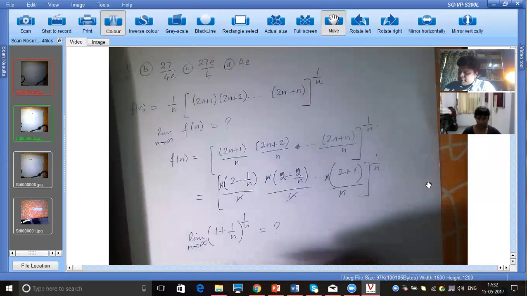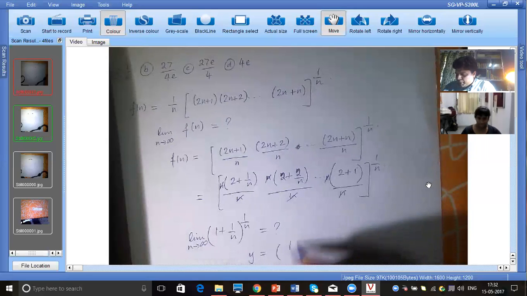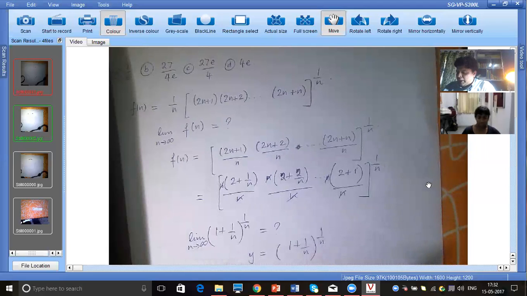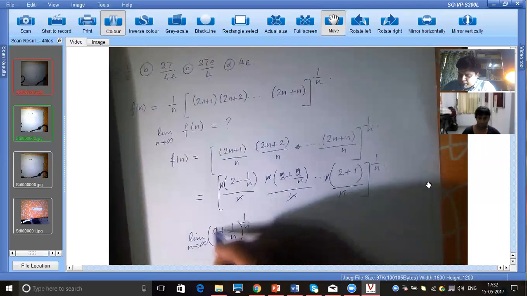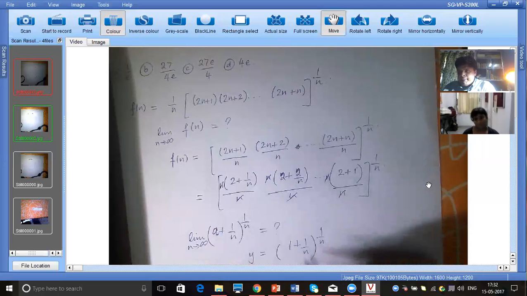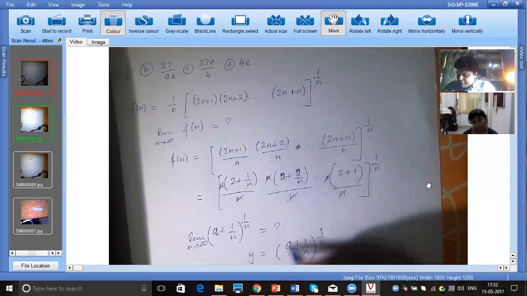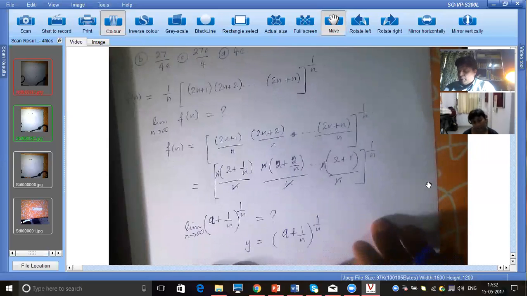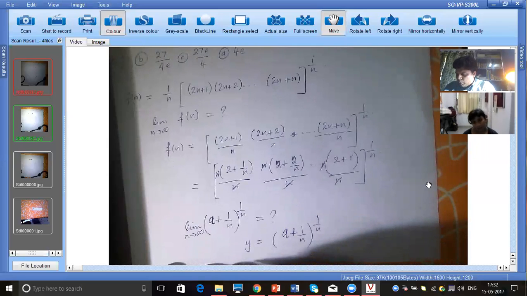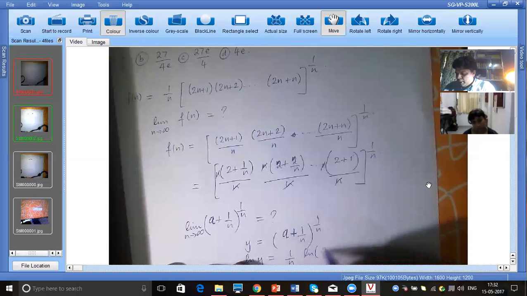Okay. So let us see. So y equals 1 plus 1 by n whole to the 1 by n. Let's make it a plus 1 by n. Now I'm going to take log y equals 1 by n log of a plus 1 by n.